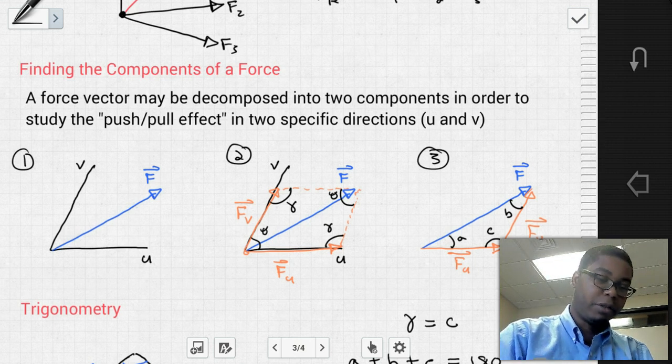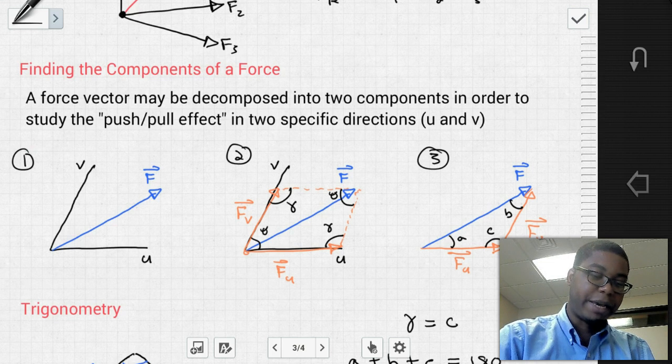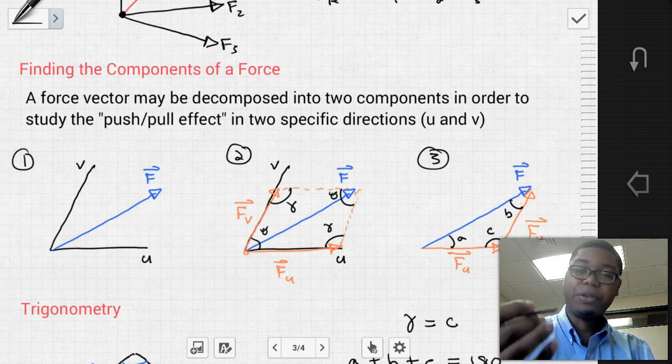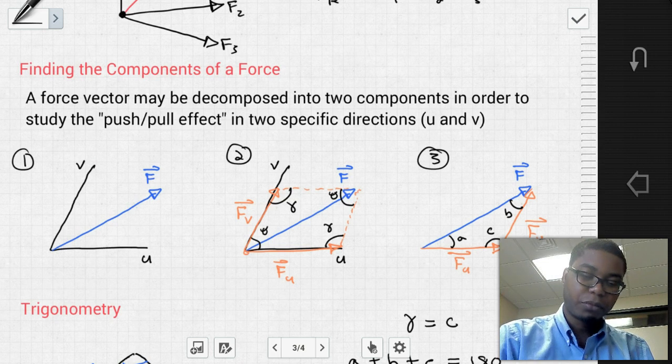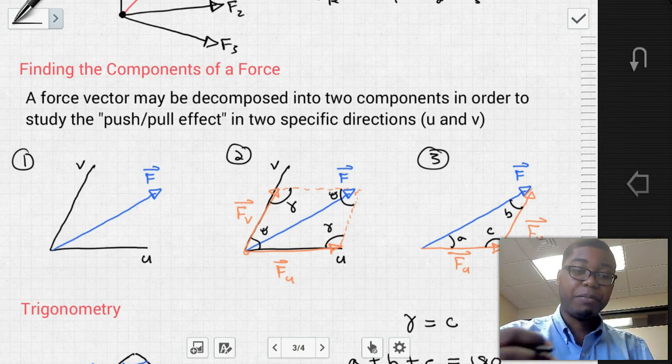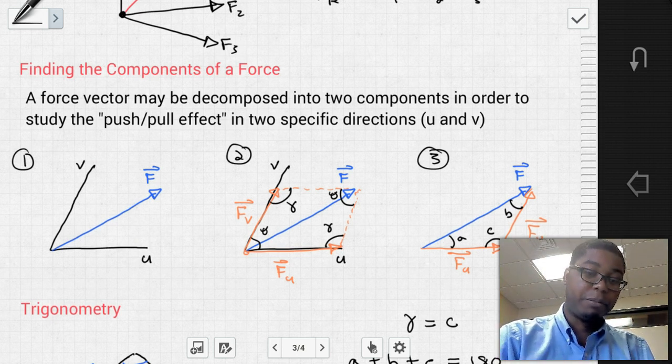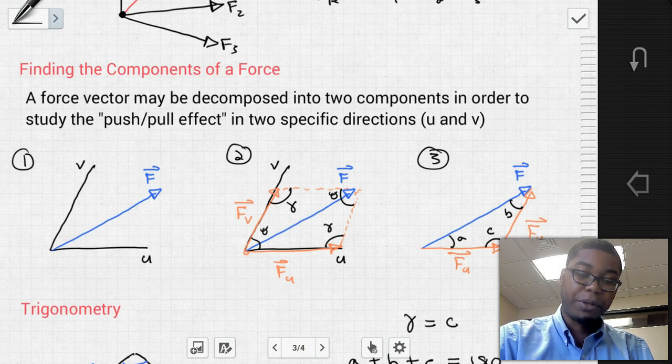Okay, so let's look at this diagram. In figure 1, we have a force vector in a coordinate system of U and V, where V is a little bit unusual. Now in figure 2, we start to decompose this force vector into its components.